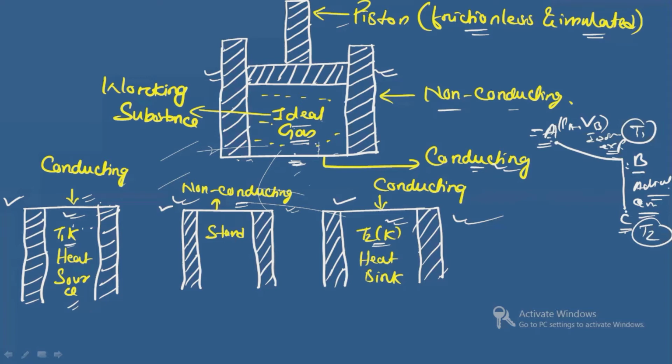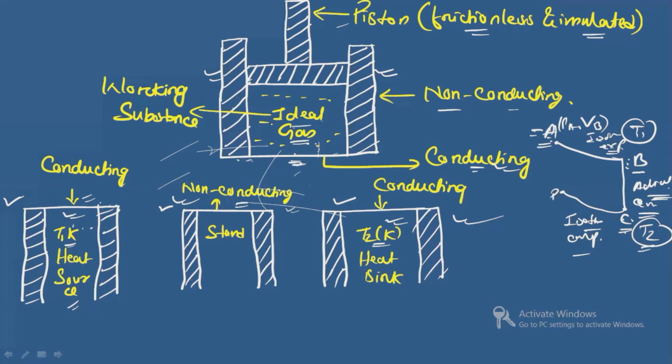Now again from the state C, it will go to the state D. And here it is isothermal compression. That means the piston will now move downward, which means the pressure of the working substance is now increased. Isothermal compression: from B to C, during adiabatic expansion, the temperature reduced to T2, that is the temperature of the sink, right?